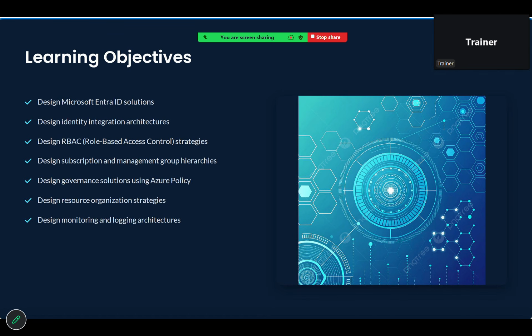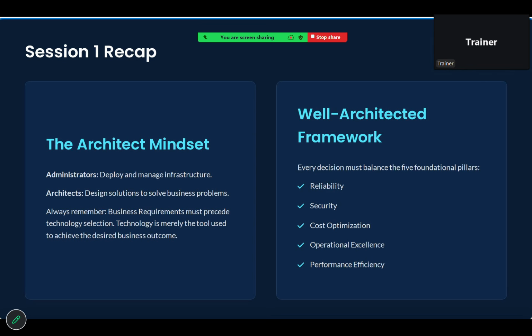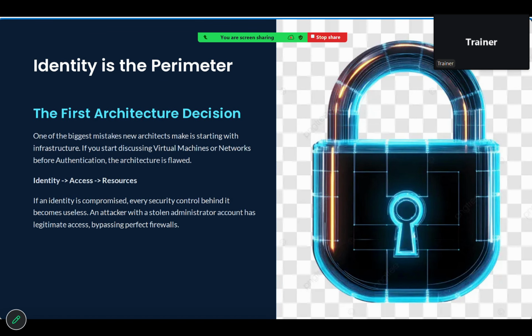So today we begin our first architecture design domain. Why is identity the first architecture decision? One of the biggest mistakes a new architect makes is starting with the infrastructure. They start discussing virtual machines, storage, networking, but Microsoft recommends starting with identity.